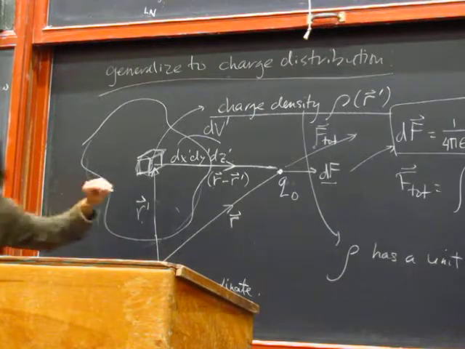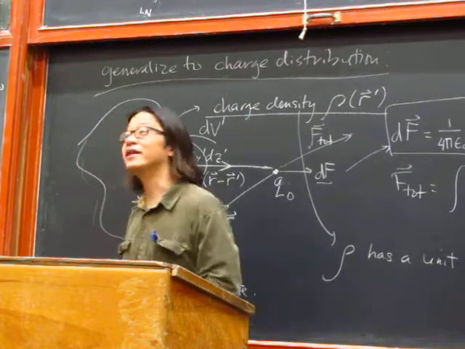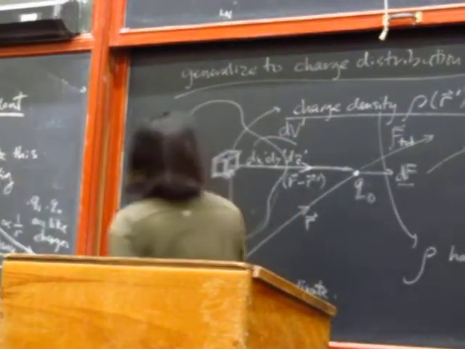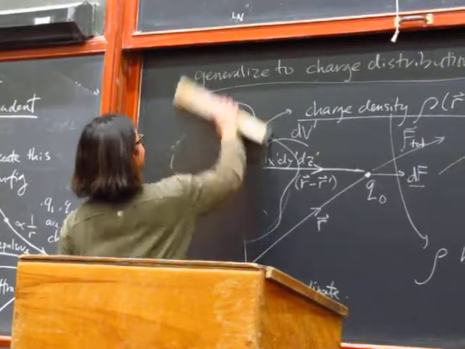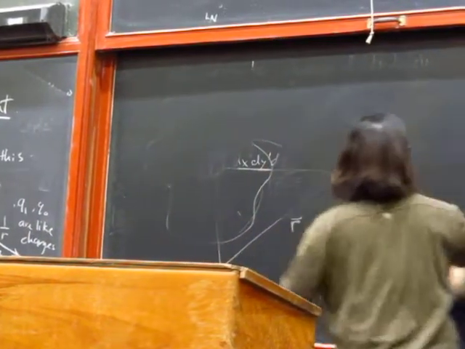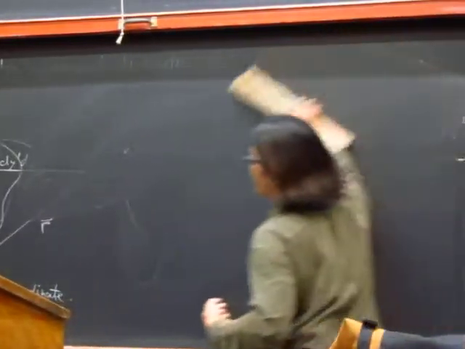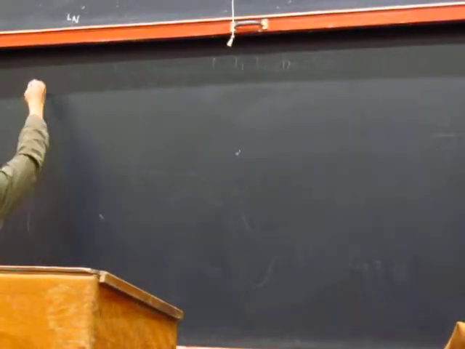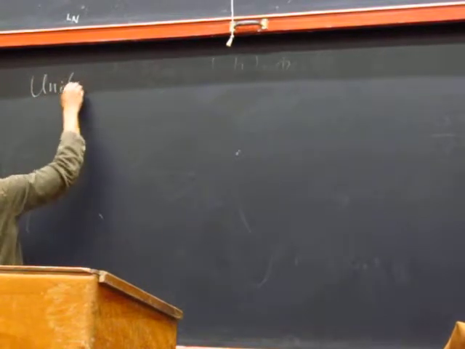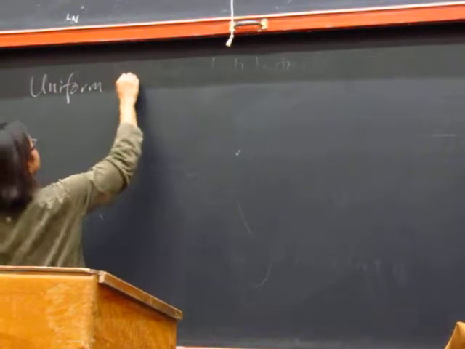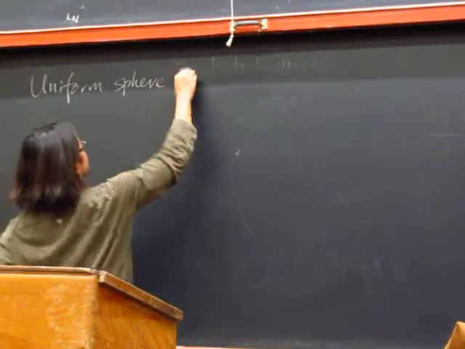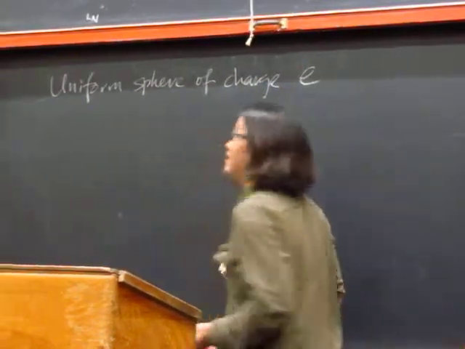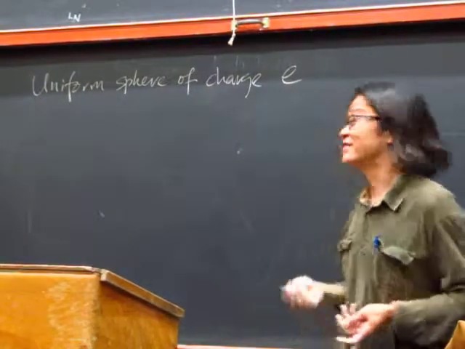Let's use our understanding of this to actually calculate the energy to build a proton or an electron classically. So, uniform charge. Say it's charge e. Let's say it's a positron.